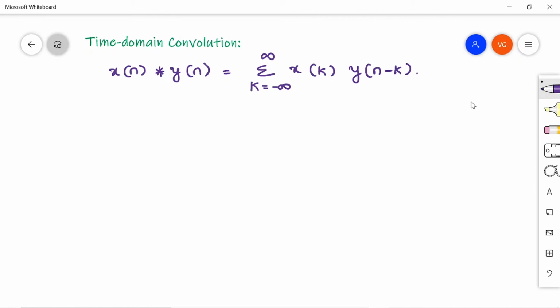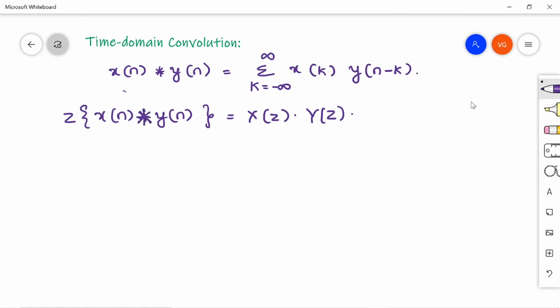Now if you take the z transform of x[n] convolution y[n], that is equal to the multiplication X(z) multiplied by Y(z), meaning the convolution in time domain goes to multiplication in frequency domain.